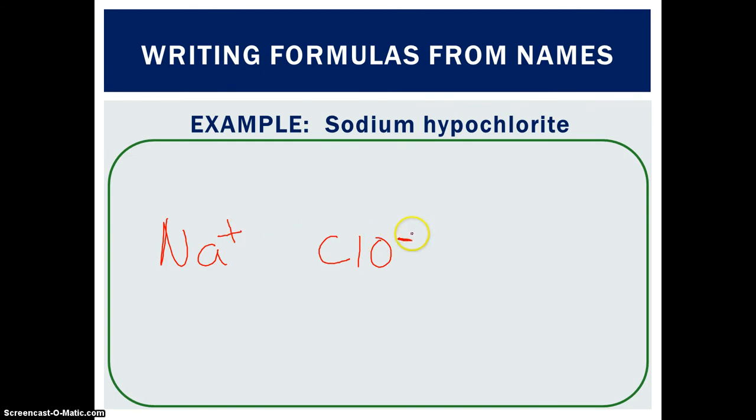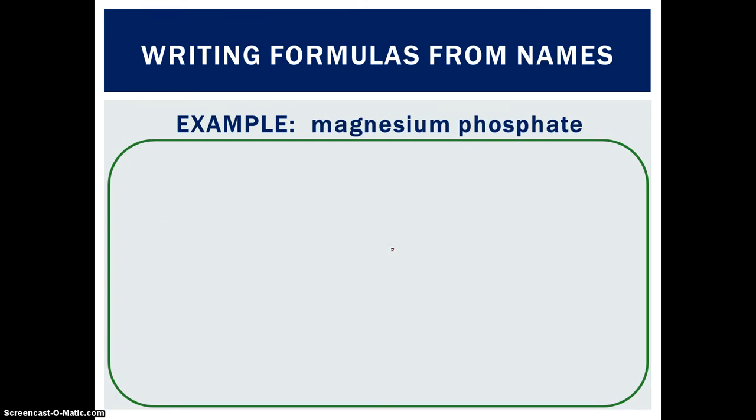I don't write them, but I know it's 1. When I swap and drop, I have 1 and 1 again, and we don't write the 1s. NaClO. I want you guys to try magnesium and phosphate on your own. There's a space in your notes for that. I will ask you for it on your Google form.